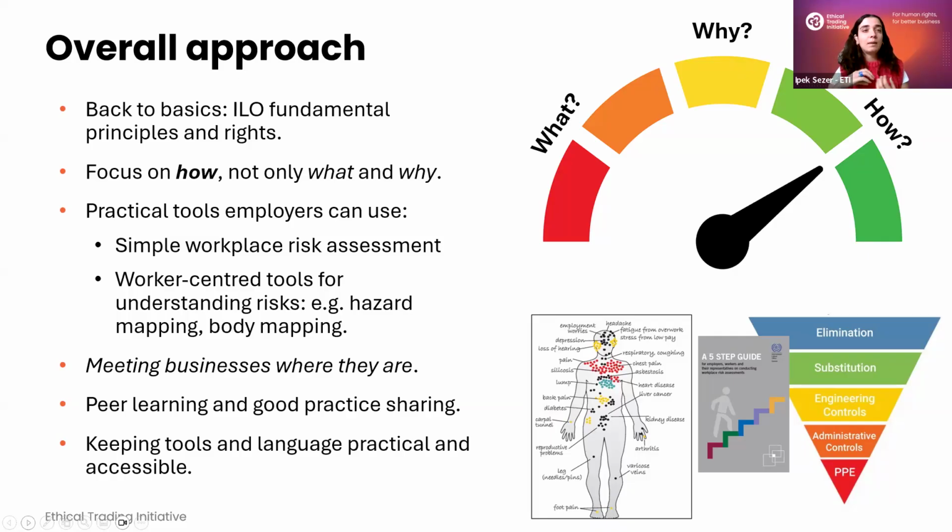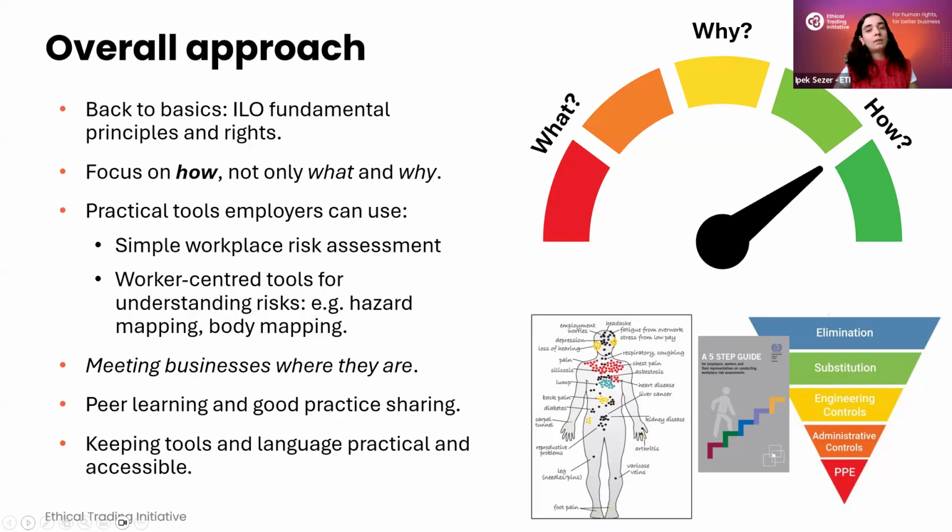Through this process, some findings and recommendations consistently emerged across the projects, discussions, and the briefing papers. Today, I'm not going to go through the papers one by one or cover every recommendation in detail. Instead, I want to focus on a few of the strongest cross-cutting findings and practical recommendations that appear repeatedly across all three themes, which are decent work in MSMEs, decent work in informal employment, and decent work in emerging circular supply chains.